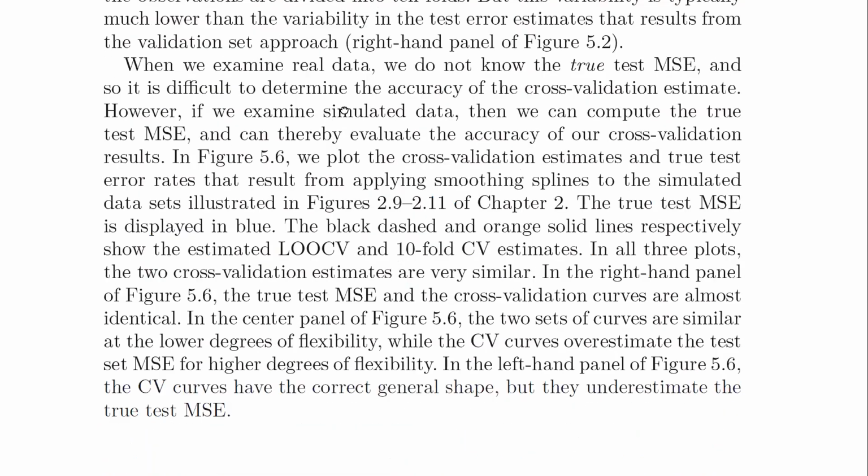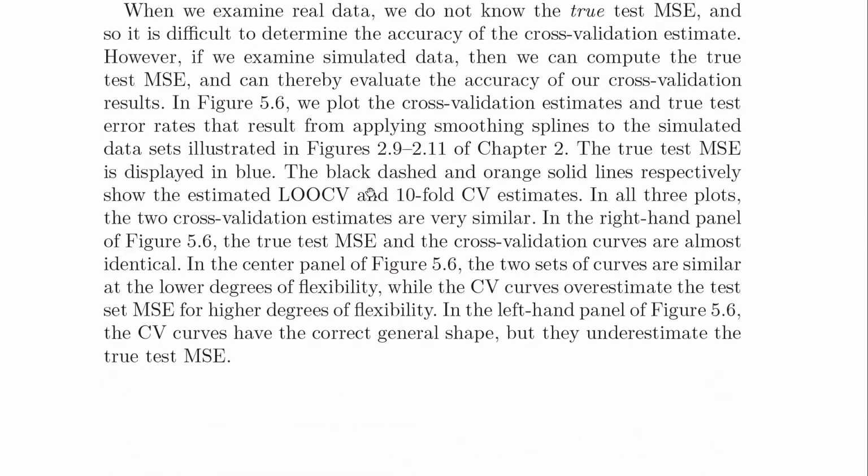When we examine real data, we do not know the true test MSE, clearly. And so it is difficult to determine the accuracy of the cross-validation estimate. However, if we examine simulated data, as we discussed earlier, just a few minutes ago, then we can compute the true test MSE and can thereby evaluate the accuracy of our cross-validation results.